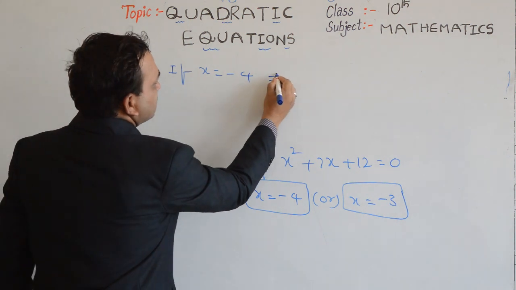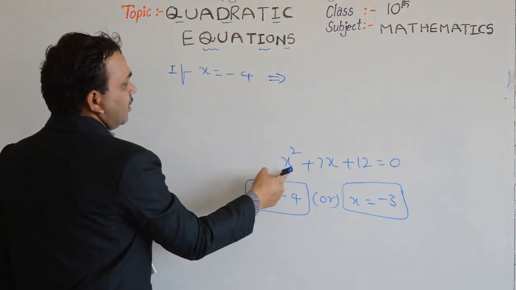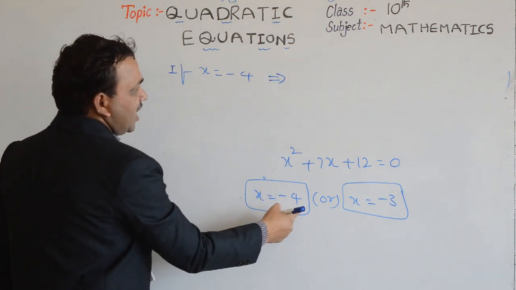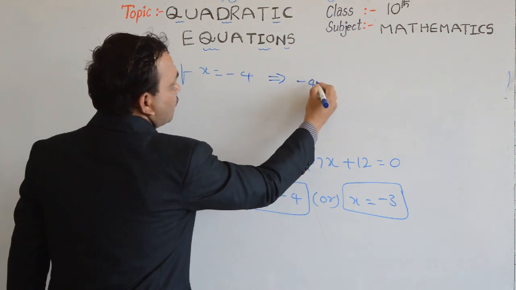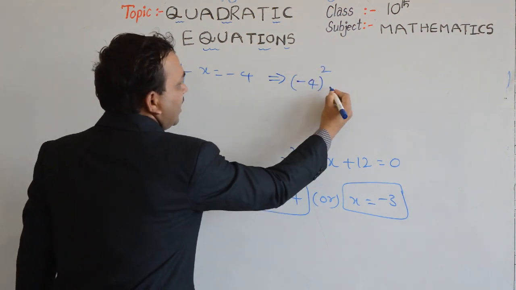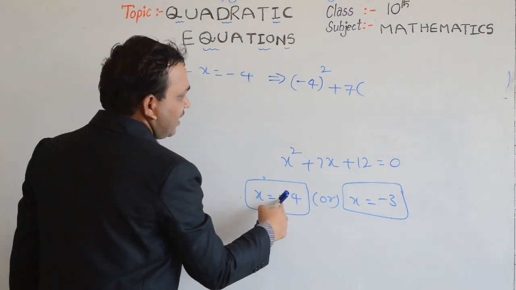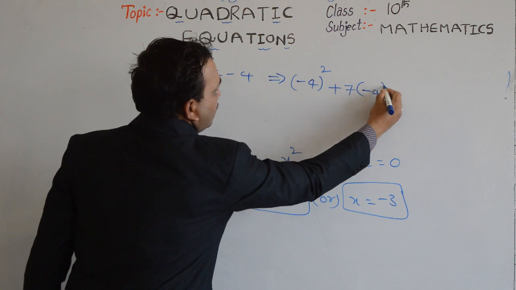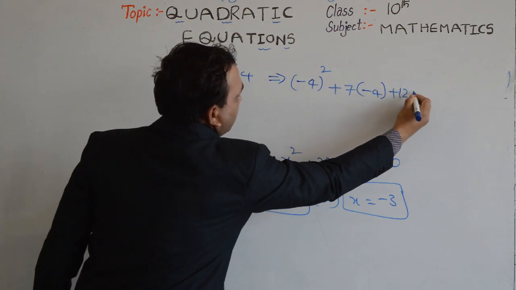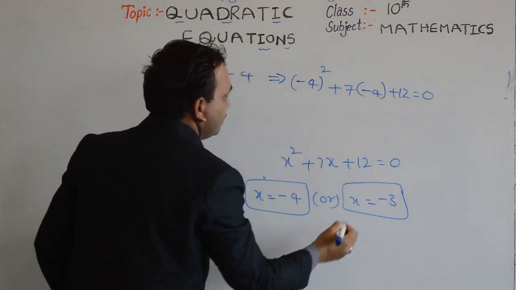That implies x squared, but x is equal to minus 4: minus 4 whole square plus 7 into, what is the x value again? Minus 4 plus 12 is equal to 0.